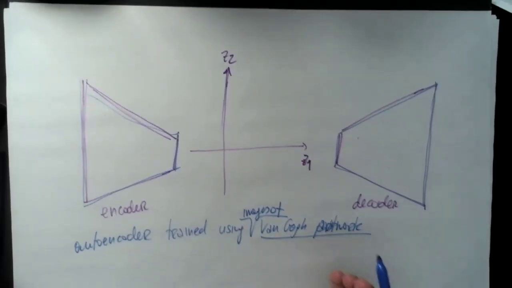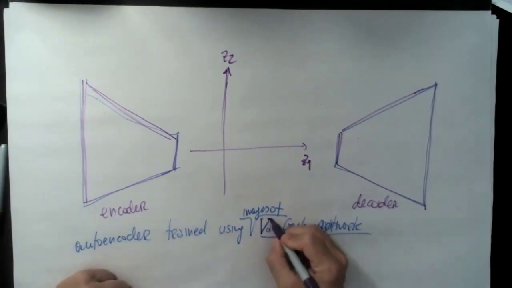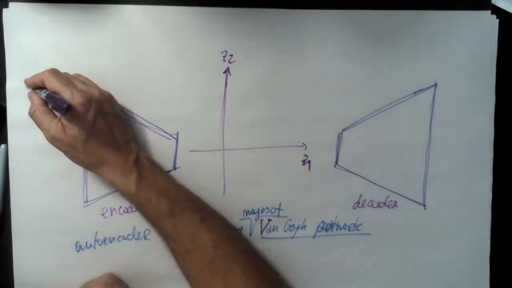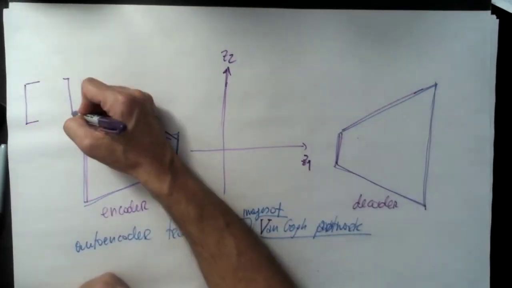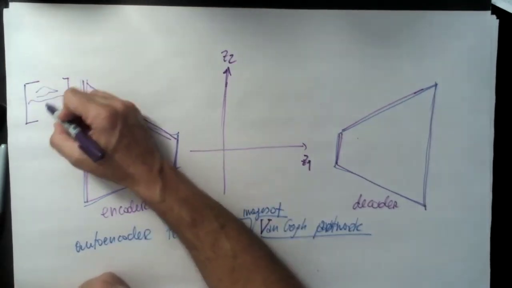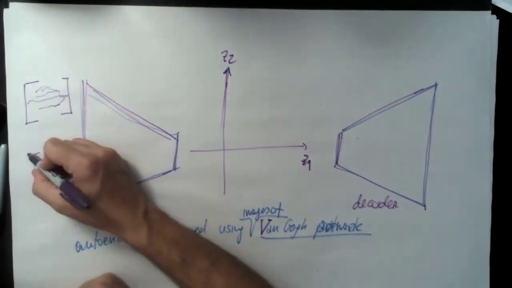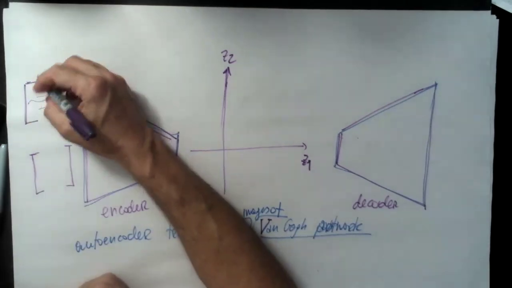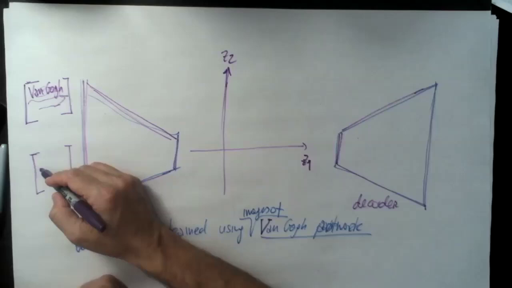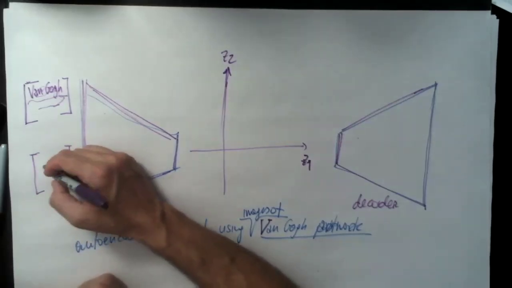So what happened is that, let's assume that here we have one painting of Van Gogh. And imagine that here we have another image. Here we have an image of a Van Gogh painting. And here we have an image of something else.